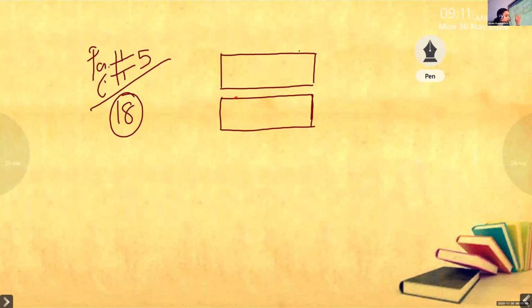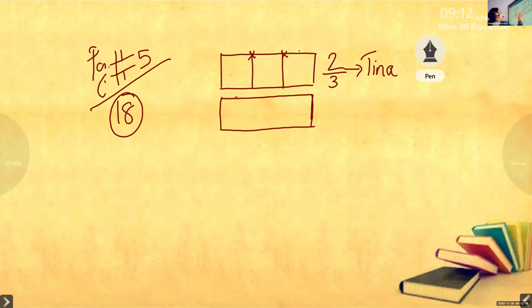So here 2 by 3, that is Tina. Tina is 2 by 3, so we have to make 3 equal parts: 1, 2, and 3. One part, here another part. So this is 2 by 3.